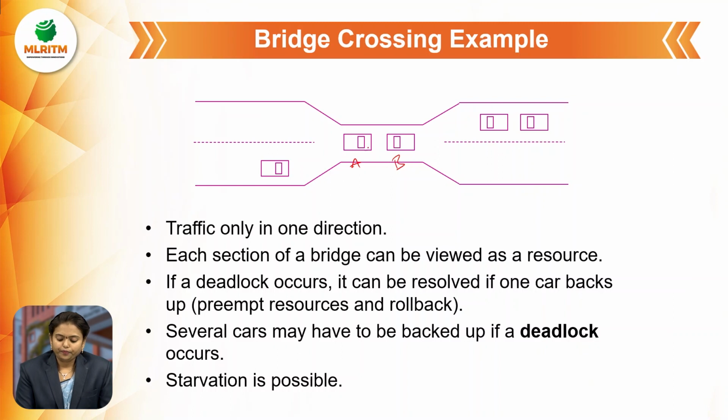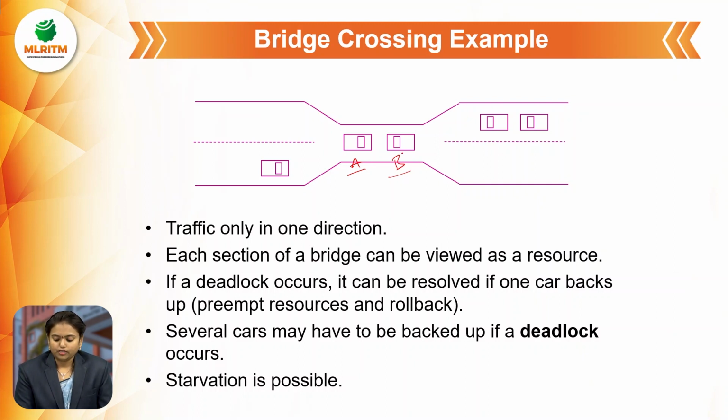Vehicles A and B need to cross the bridge, but A wants to cross first and B is there, so A cannot cross. At the same time B wants to cross first, but B also cannot cross the bridge because A is there. That is a deadlock.